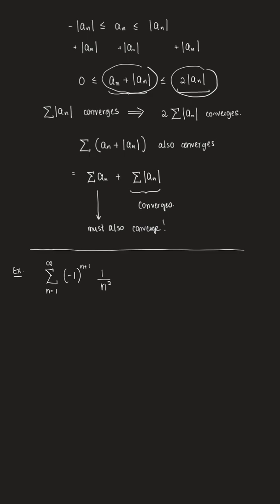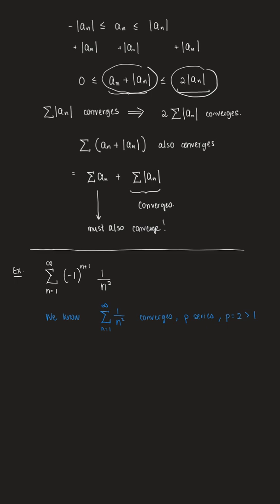The key piece is that the series in absolute value, just 1 over n squared from n equals 1 to infinity, converges, because this is a p series with p equal to 2, and whenever p is greater than 1, the series converges.